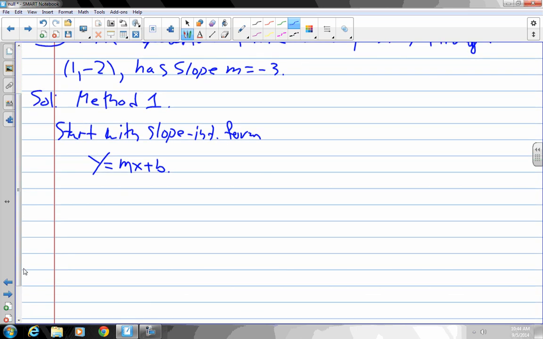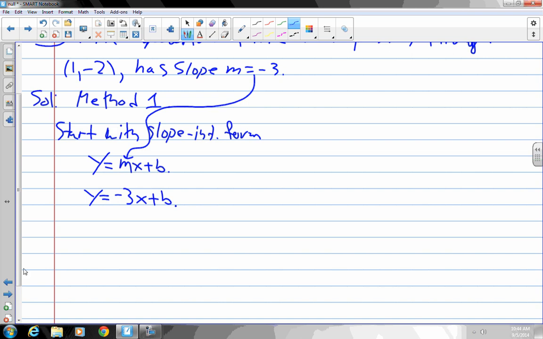So again, remember the way the notation works. M and b are the constants, so that's what we're looking for. X and y are the variables, so they will remain in our answer. Now, we know m. M is given. So right now, m was -3. So what we have now is y equals -3x plus b. This is what we have so far.